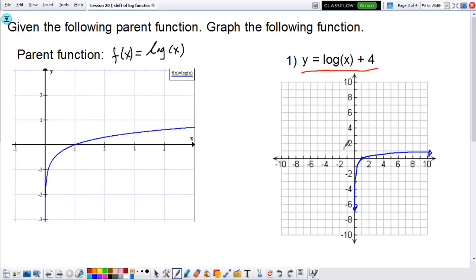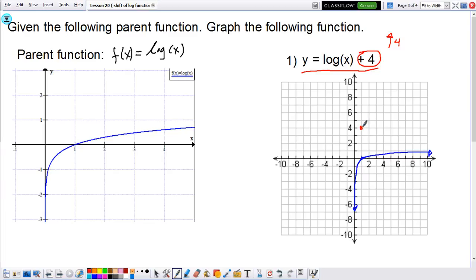So our original function is the blue. And because of this plus 4, we need to move the graph upwards by 4 units. So grab any point. I'm going to choose this point, and I'm going to move it 4 units upwards because that's what it says here. So we're going to go 1, 2, 3, 4. So here's our graph now.